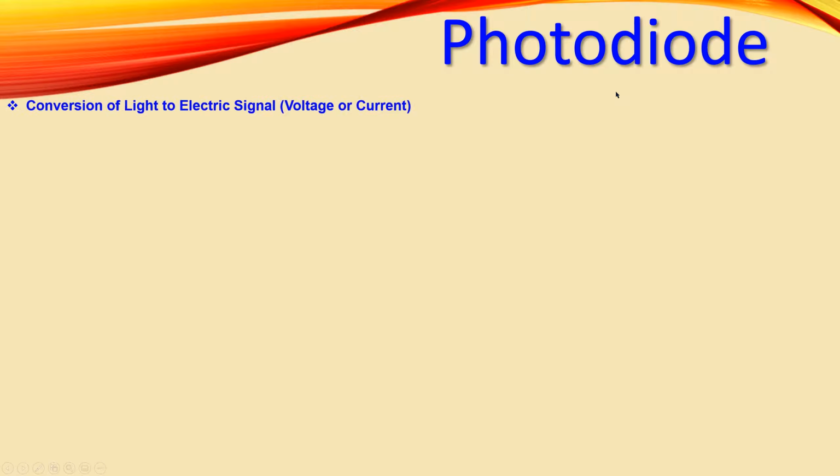What we have is a conversion of light to electric signal, which is then voltage or a current. So we have actually a semiconductor device which is used to convert the light into electrical current or voltage. That's actually what the photodiode does.